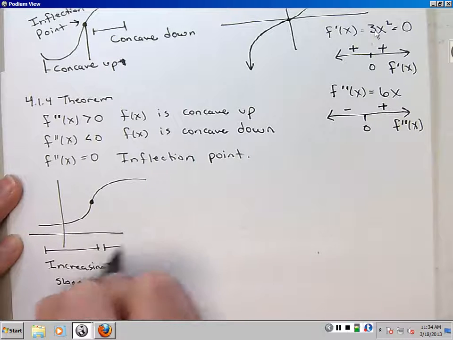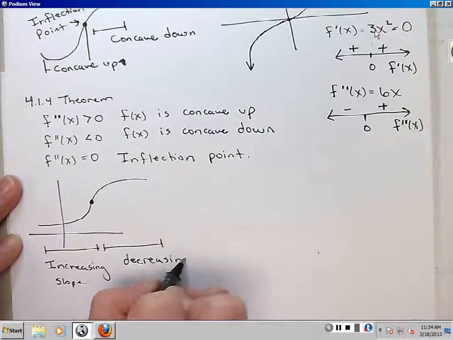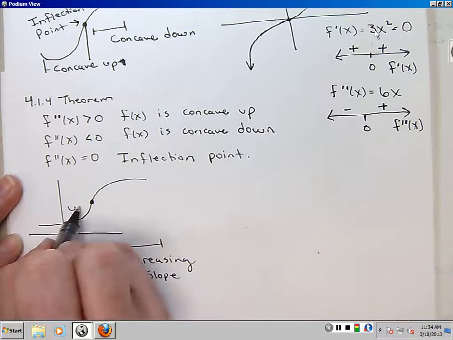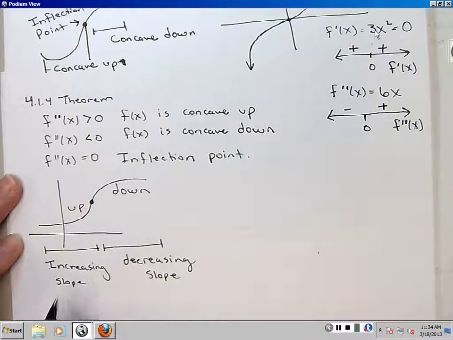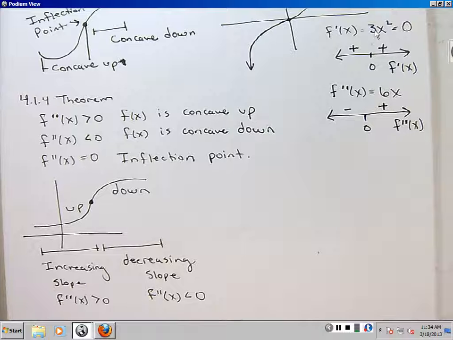And in this interval, my slope is decreasing. Right? Concave up, concave down. Second derivative, positive. Second derivative here is negative. Right?